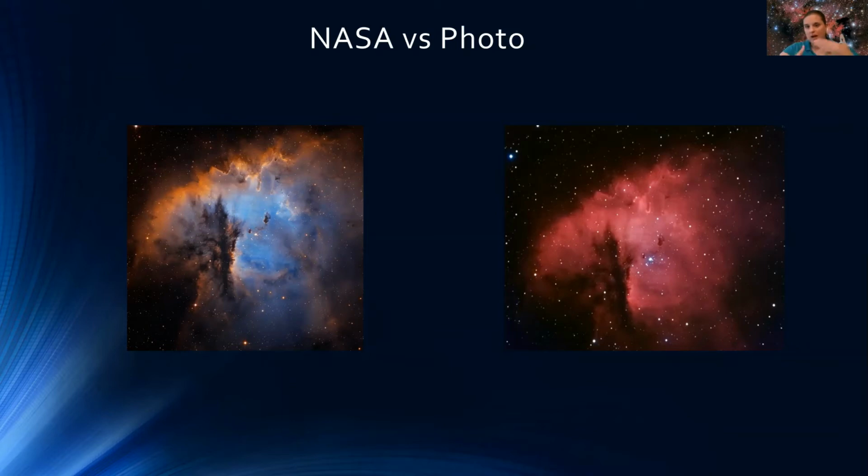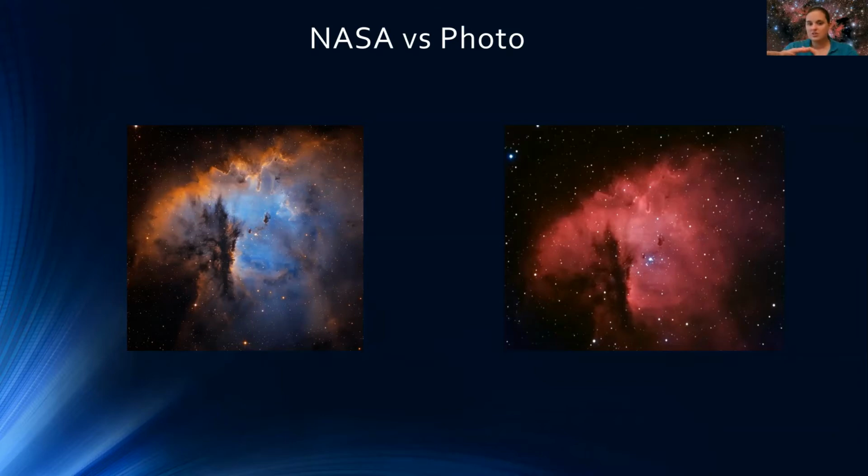But once you start combining it with other images, it starts to show color depending upon what types of filters you use. Now, in astronomy, there are 3 different types of filters: red, blue, and green. And if you compile those, you get the beautiful image that you see on the right.